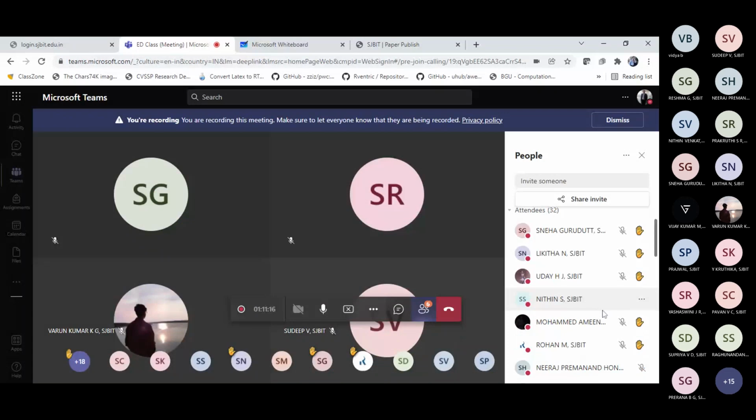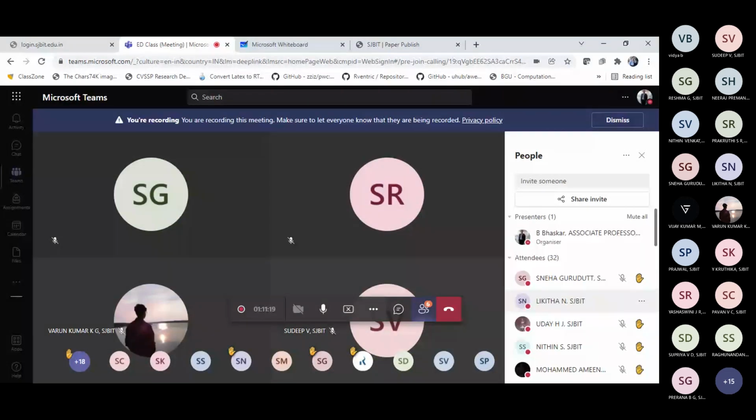I'll allow you to leave the class. Let me take the attendance and then you can leave the class. There are 32 students. What is the strength of the class? 32 or 31? Today's date. It is 7th.